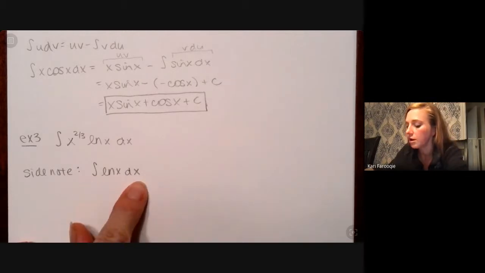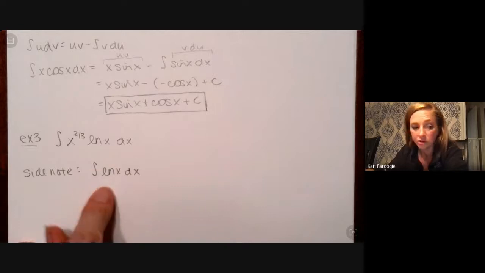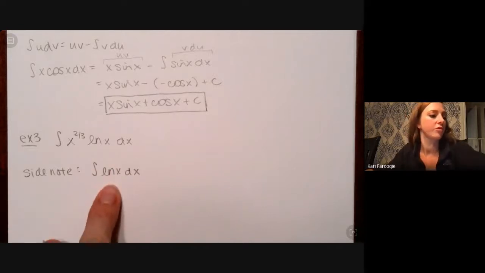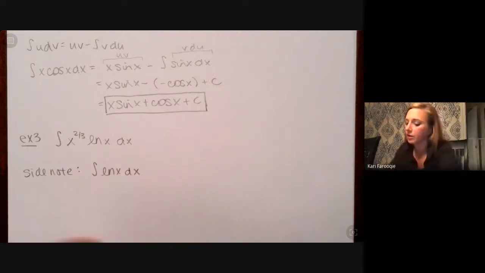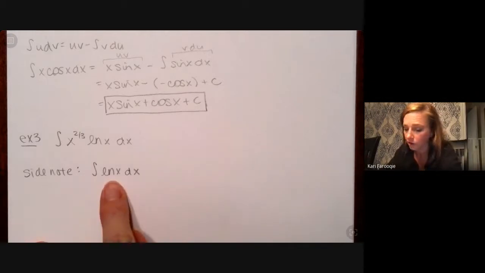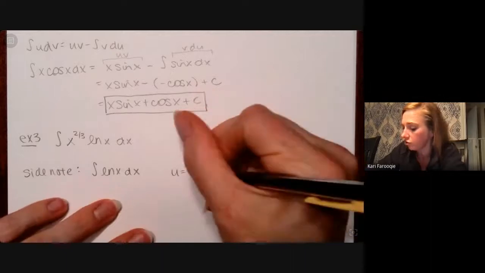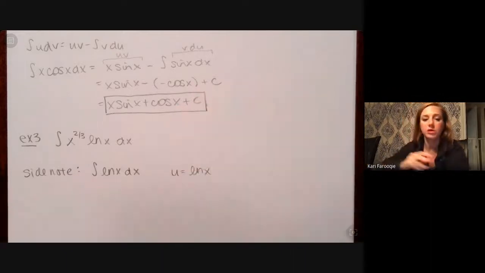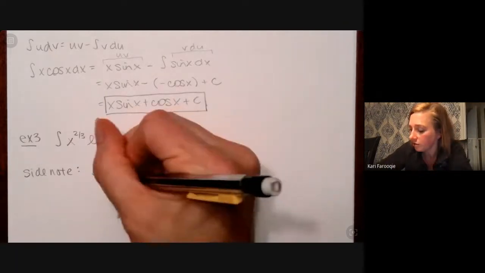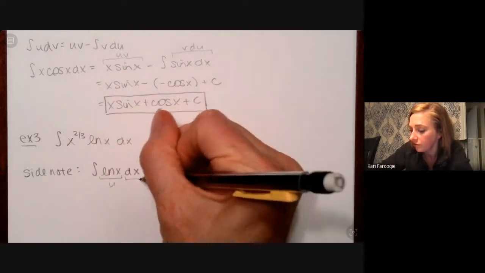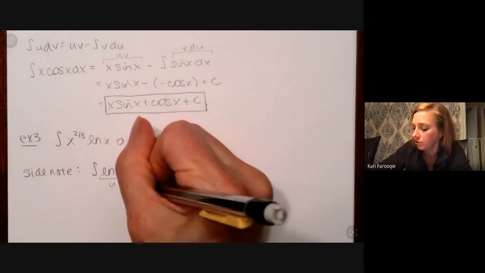These are the special LIATE ones that come first. L is for logarithmic. So if you had this function, you would definitely let u be the logarithmic function ln x. But I think what students have a hard time with here is they're like, well, if u is ln x, then that leaves nothing. That's not true. If u is ln x, that still leaves dx for dv.